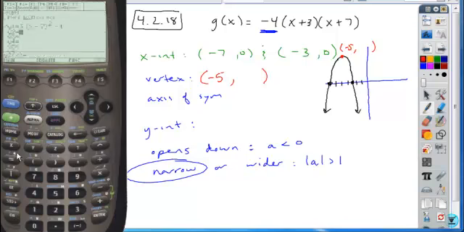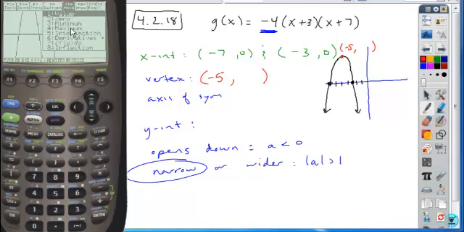Go into your y-editor, enter this whole function in that y-editor, so -4, x plus 3, x plus 7. Okay? Once you enter that, you can go in and view the graph. And so again, even though you don't see your vertex here, you can identify it by hitting F5. Go to it's a maximum now, so choose maximum.